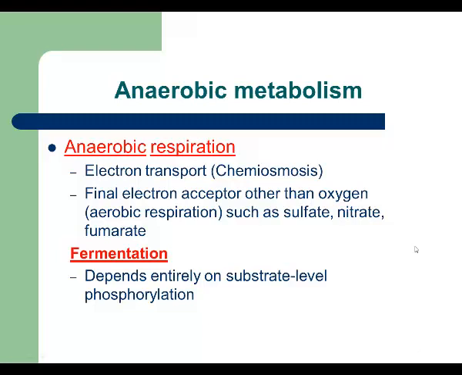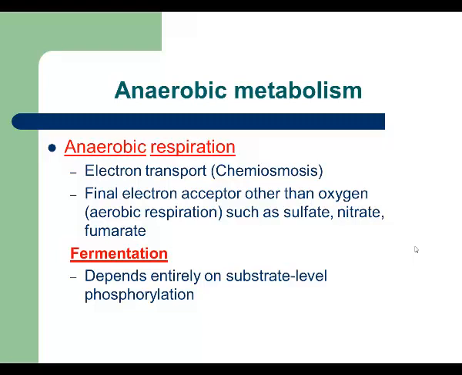Same as aerobic bacteria, anaerobes use two ways to make ATPs. The first one is chemiosmosis, and remember the main difference between aerobic chemiosmosis and anaerobic chemiosmosis is the terminal electron acceptor.